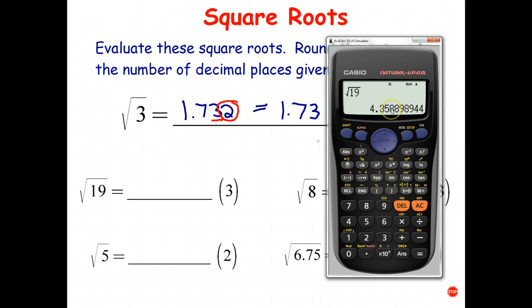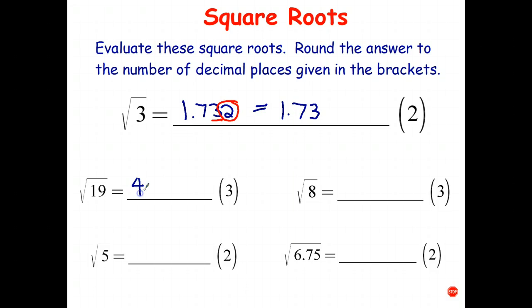So does that 8 stay as an 8, or does it round up to a 9? Well, I look at the next decimal place. Because that's 5 or bigger, that's going to round up to a 9. So it's going to be 4.359.